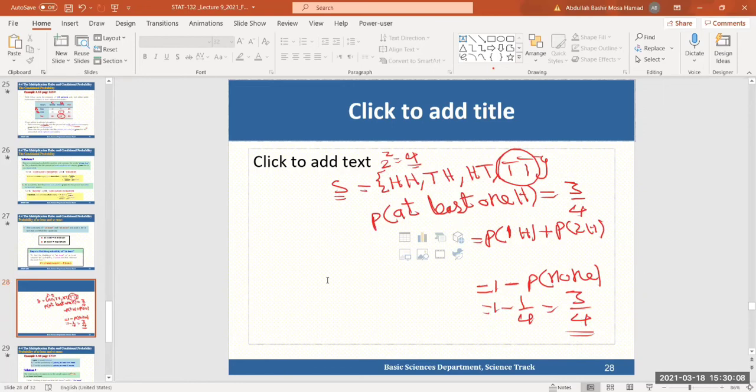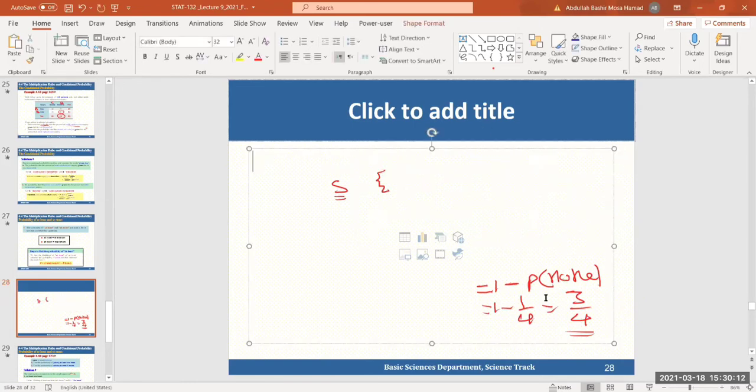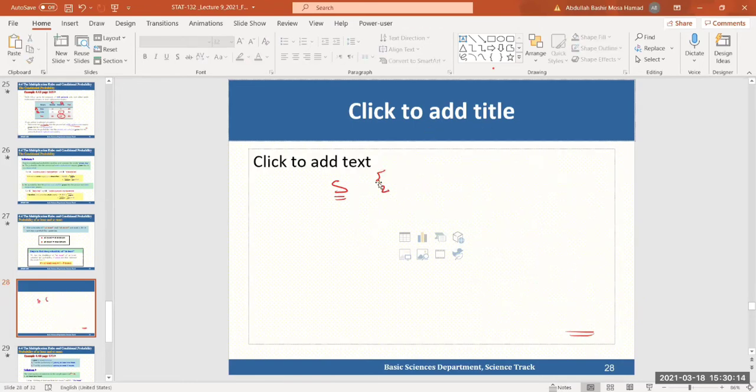Clear. So let's use the same example, but toss the coin 5 times. Same question: find the probability of getting at least one head. Sample space is 32 points.